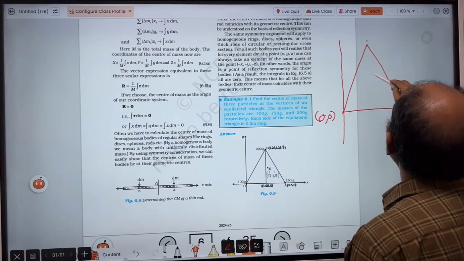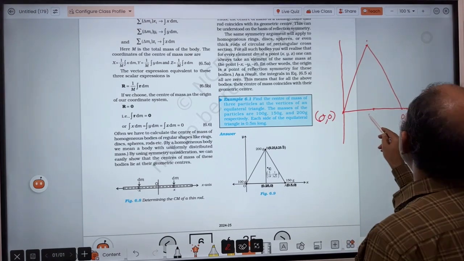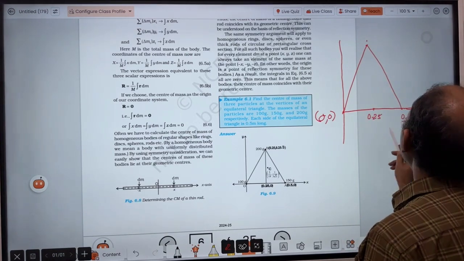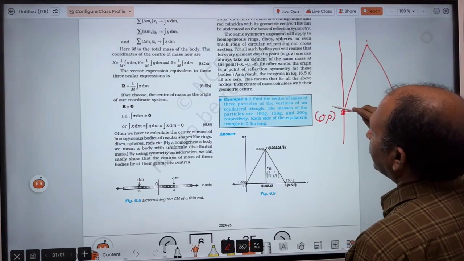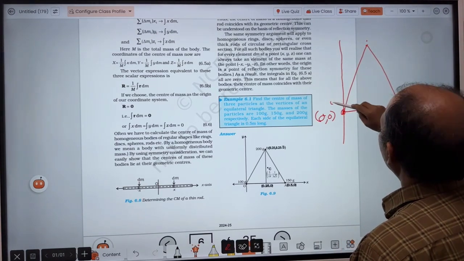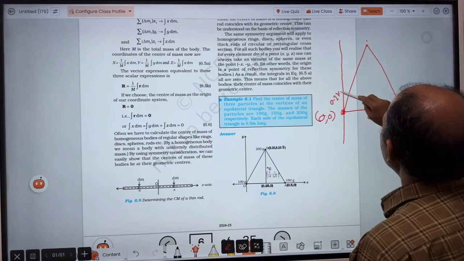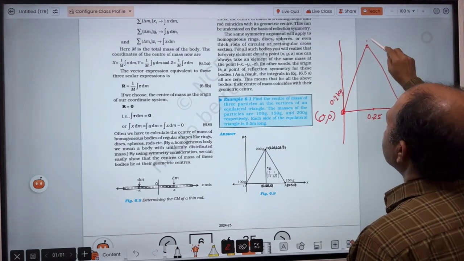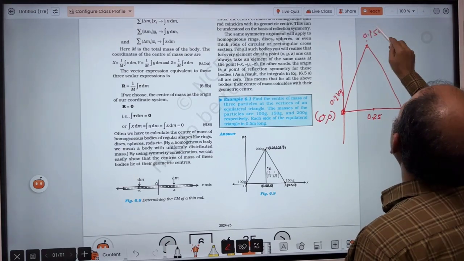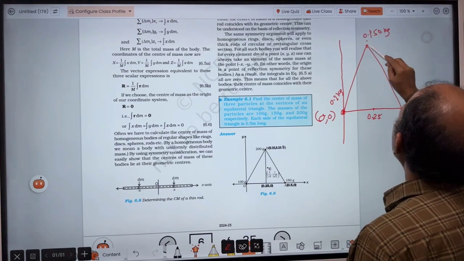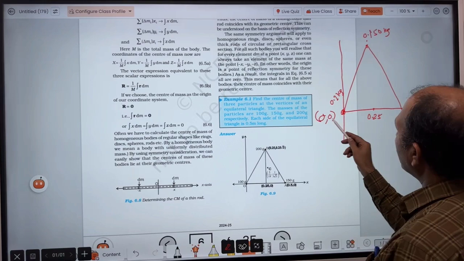And this point will be just half of it, 0.25 in terms of meter. Now one mass is here. Suppose this is 100 grams. Either you write 0.1 kg here. Another mass, say 150 gram or 0.15 kg, is kept here, and we have to write the coordinates.